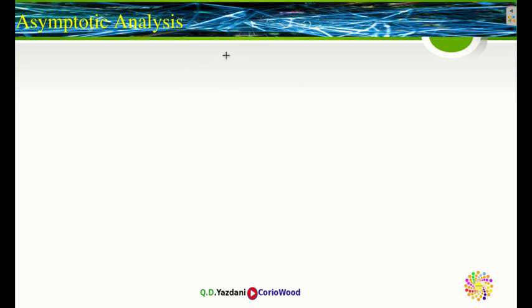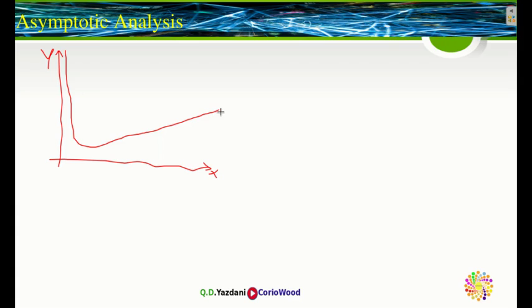For example, we have our x-axis and y-axis, and a curve coming from the top, and we have our asymptote here, a line that runs along this curve.